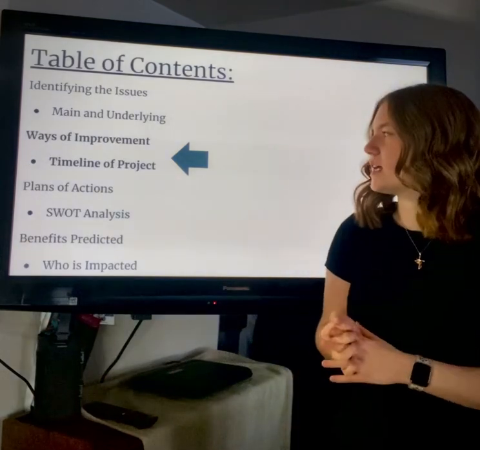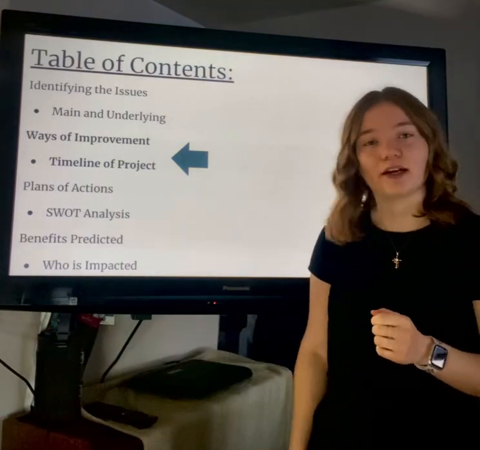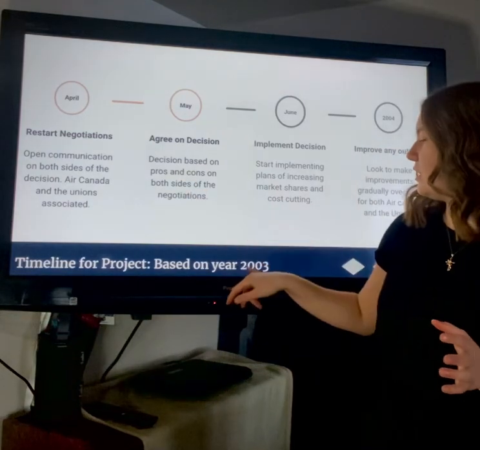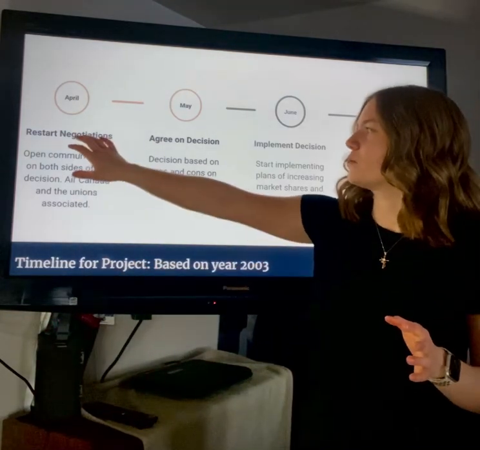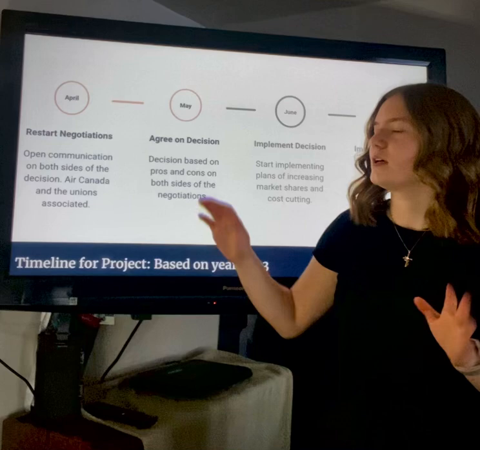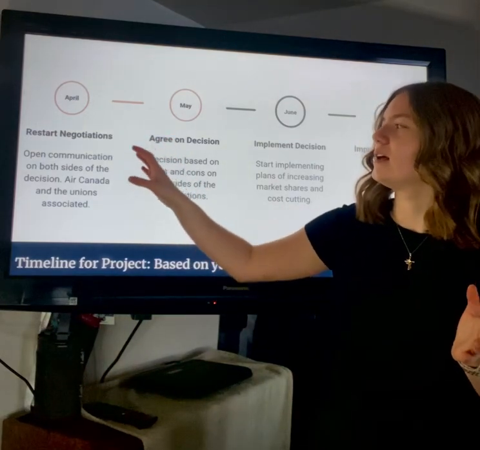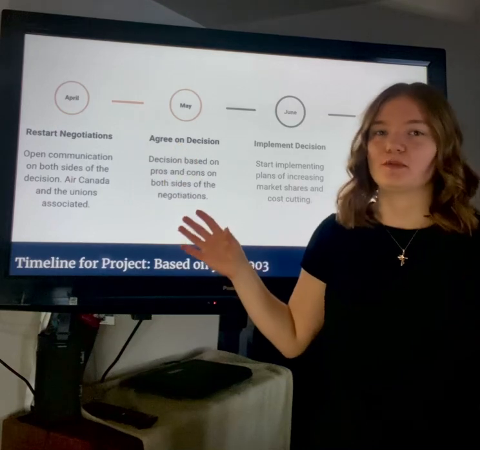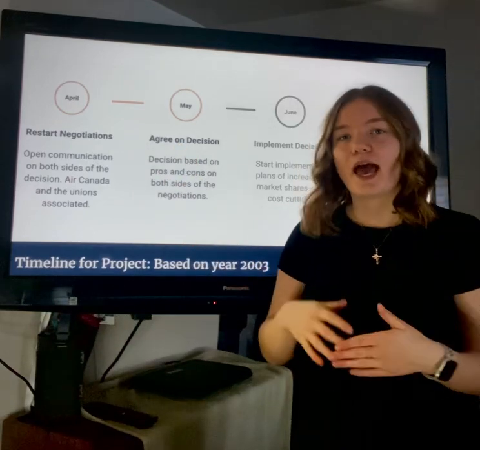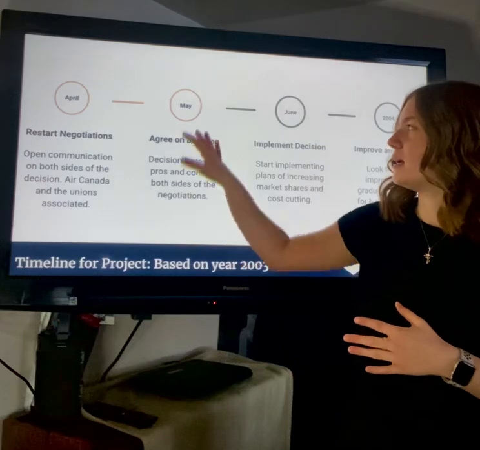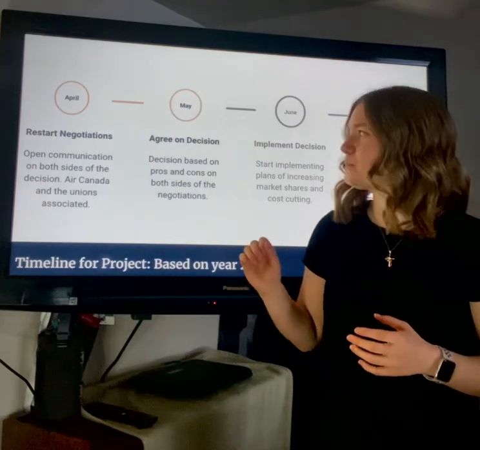We're going to move on to ways of improvement. We're going to look at the timeline of the project. This is based on the year 2003, so we're going to restart negotiations in April. They filed for bankruptcy in April, so they're restarting the negotiation, opening communication between both sides, between the unions and Air Canada, trying to get a decision made, specifically before May 31st.